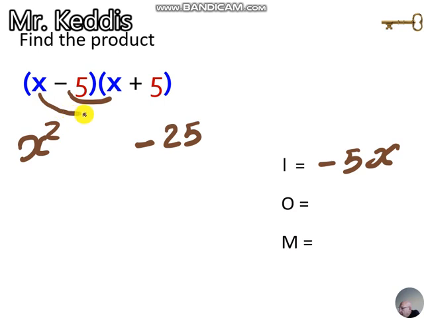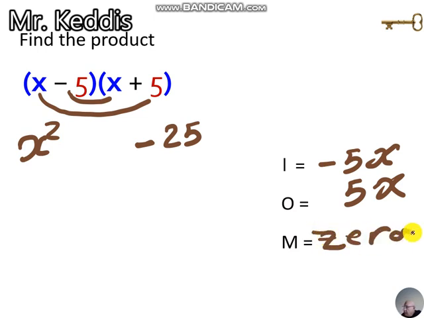And this is the outer product, which is positive 5x. When I combine them, because these are different signs, I subtract 5 minus 5, you get 0. Okay? Meaning the answer here is x squared minus 25. I can write 25 as 5 squared.